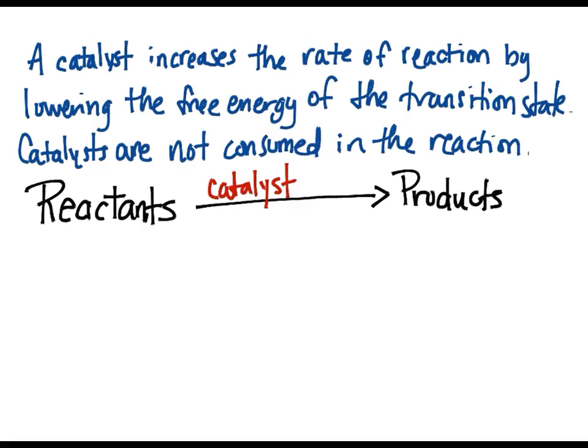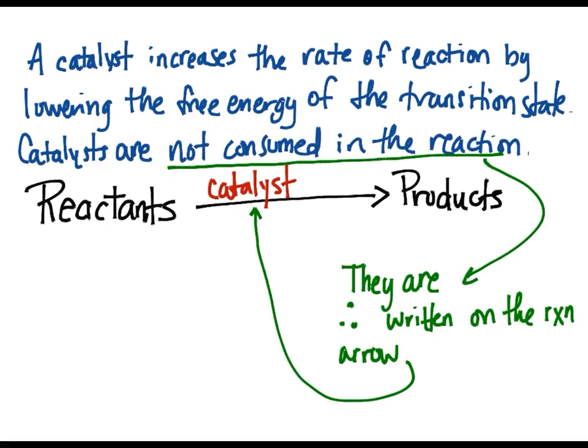And so catalysts are always written on the arrow itself to indicate that they are neither reactants nor products. So they are written on the reaction arrow, just like any other thing that is required for the reaction to proceed, like heat or high pressure or whatever else you need for a reaction to proceed. You write it on the line, and therefore you write the catalyst on the line as well.